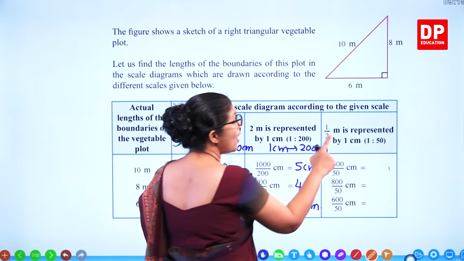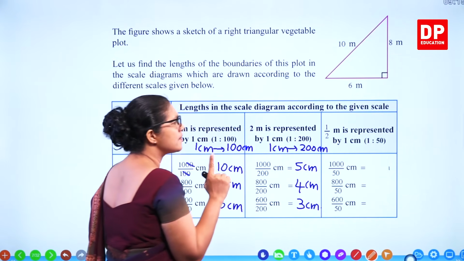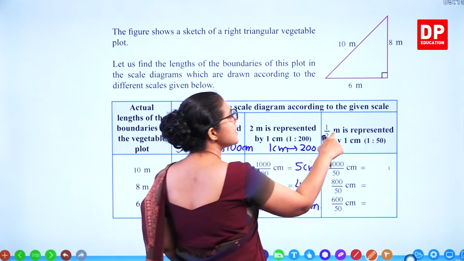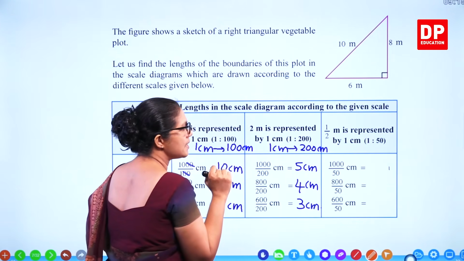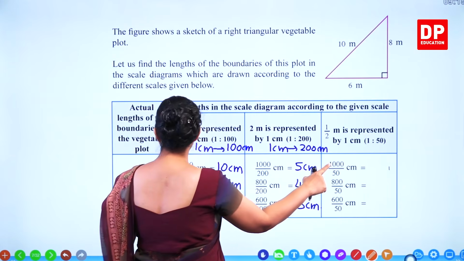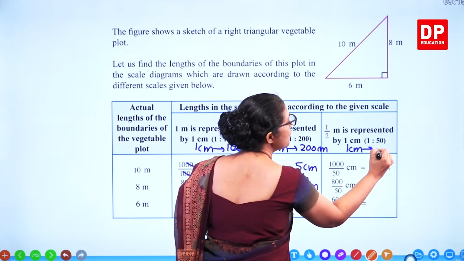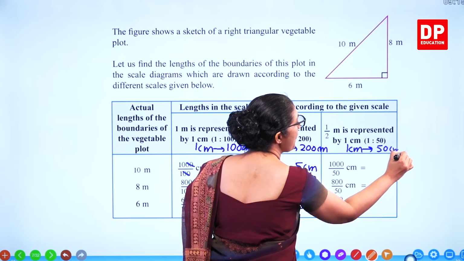If it's 1 to 50, what does it mean? 1 to 50 means same as half meters to 1 centimeter. So you have to divide by 50 centimeters there.